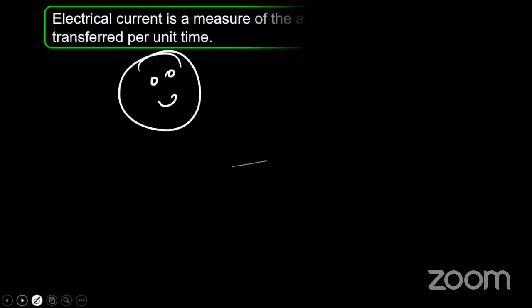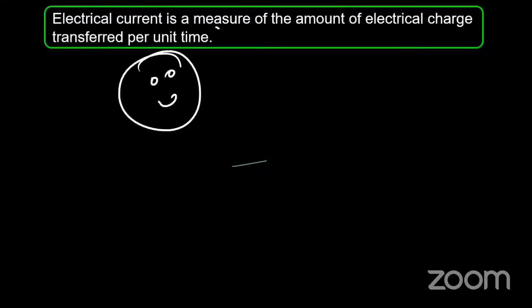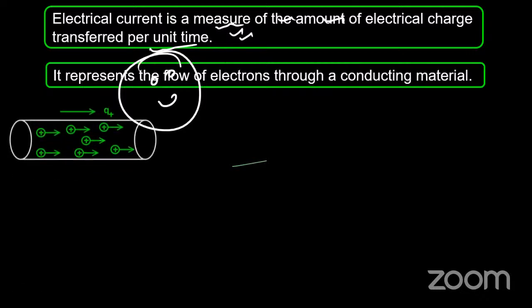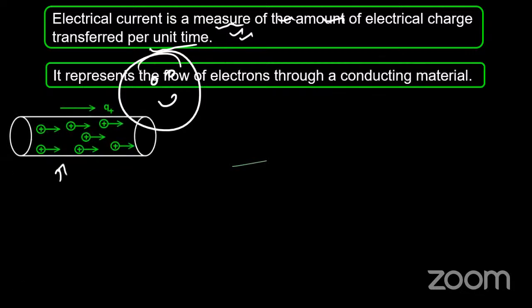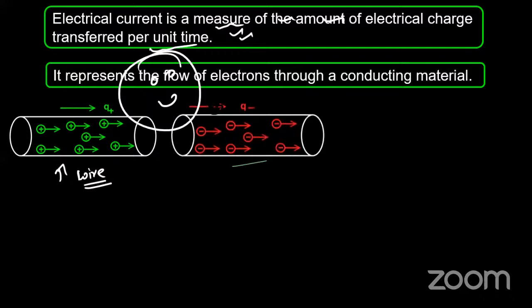Okay. Next. So electric current is basically the measure of the amount of electric charge transferred per unit time. Remember this thing, है ना? मतलब suppose you are having this conductor. This is a piece of a wire. You can think this is a small piece of a wire. And next, this is also a wire.